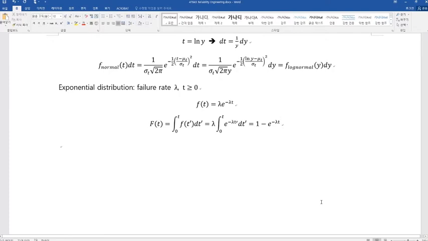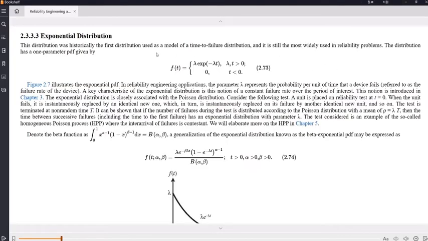So the cumulative distribution function for an exponential distribution is given as 1 minus exponential of minus lambda t. And this is the probability density function.